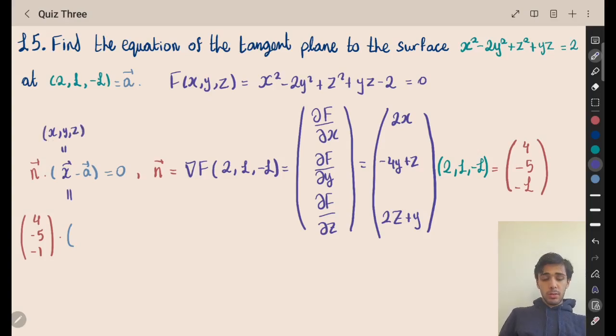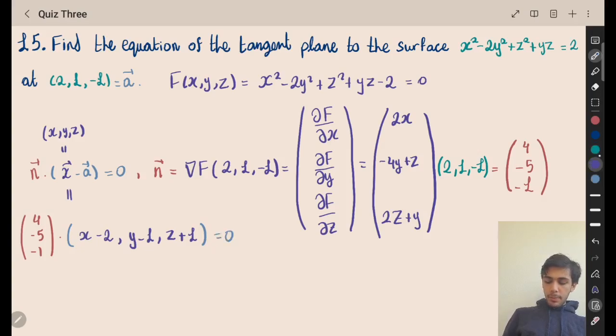I hope that's fine. So I get x minus the first coordinate of A, which is 2, then y minus the second coordinate, which is 1, then z minus negative 1, which is z + 1. And now this should be equal to 0.